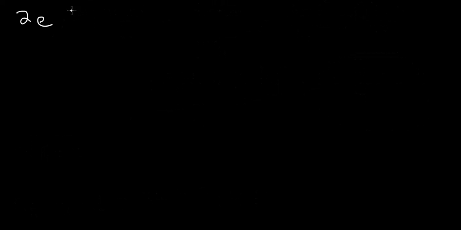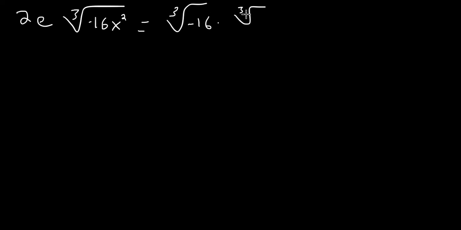Finally, for 2e, we have the cube root of negative 16x squared. We're going to use the product rule to say this is the cube root of negative 16 times the cube root of x squared. Now, we're going to say that this is the cube root of negative 2 times, let's say positive 2 times negative 8 times the cube root of x squared.